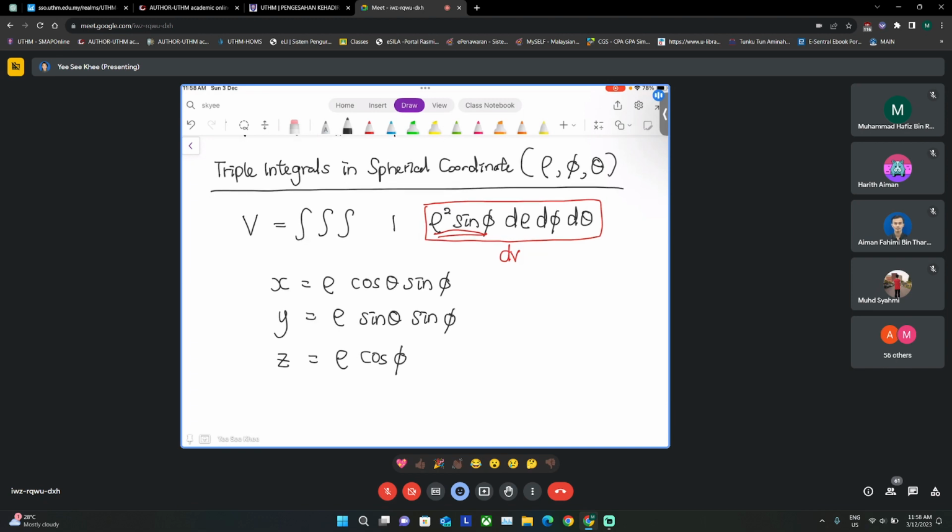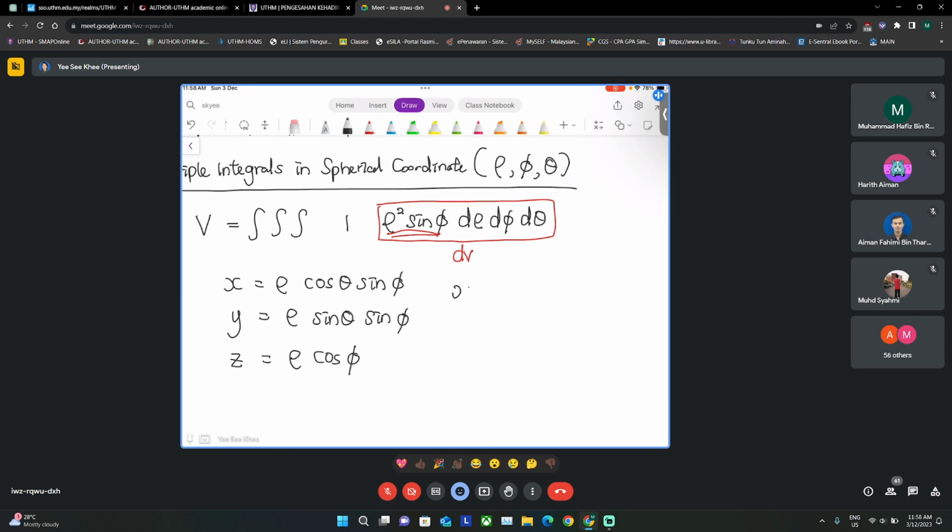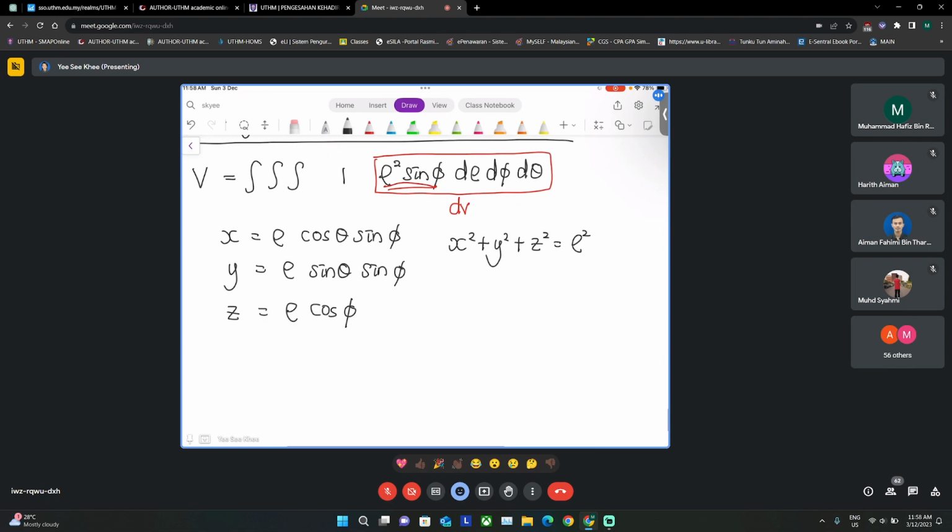Also, x square plus y square plus z square is equal to rho square.